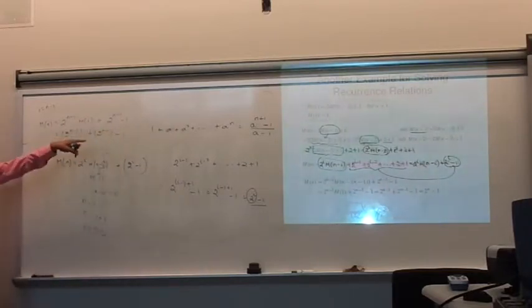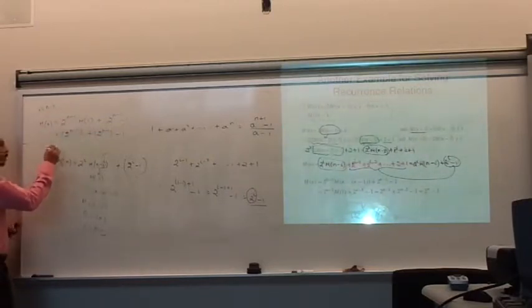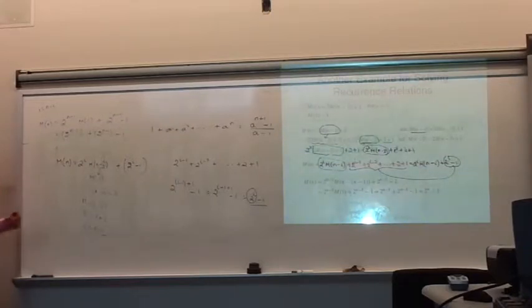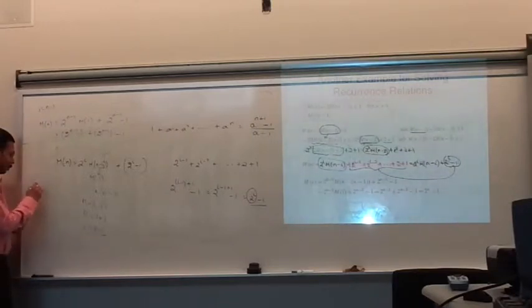So if you add these two, what do you get? 2 to the power n minus 1 plus another 2 to the n minus 1, that is equal to what? 2 squared plus 2 squared is what? Right. 2 squared plus 2 squared, or 2 cubed plus 2 cubed is?